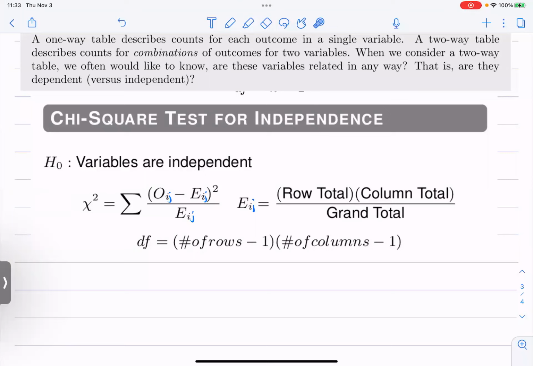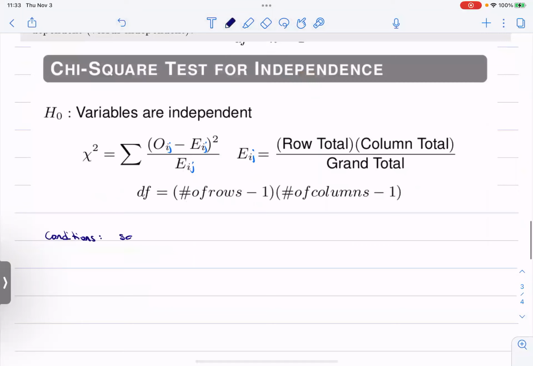We need those expected counts to check our conditions, right? Without an example, it doesn't make sense to talk about the expected counts, right? So I'll wait until we have an example, but I will say the conditions are the same as for a goodness of fit test.